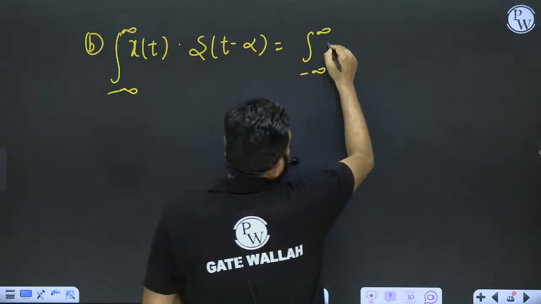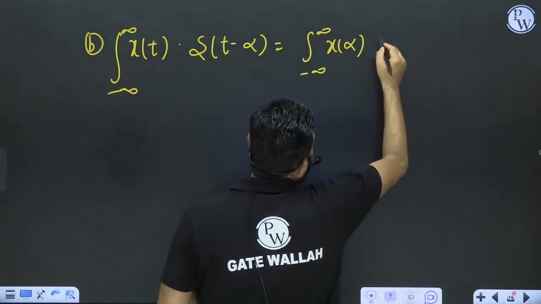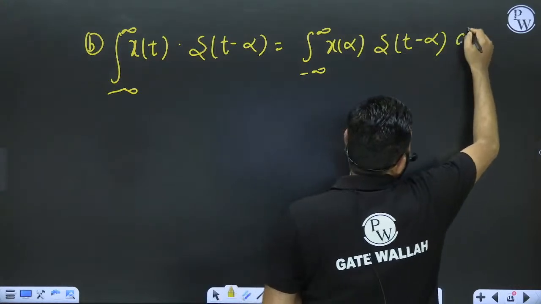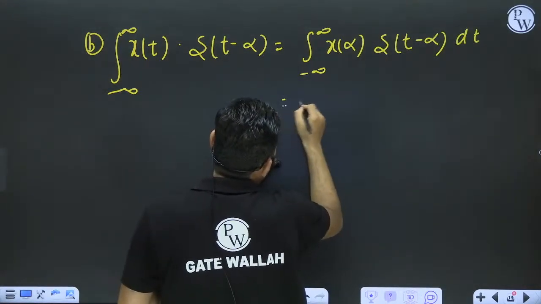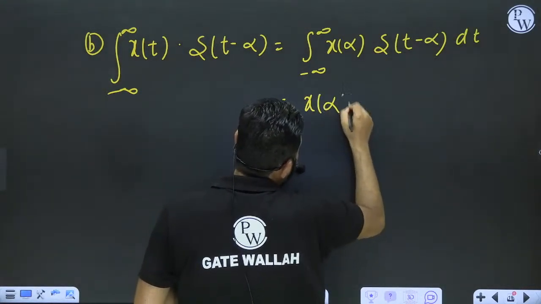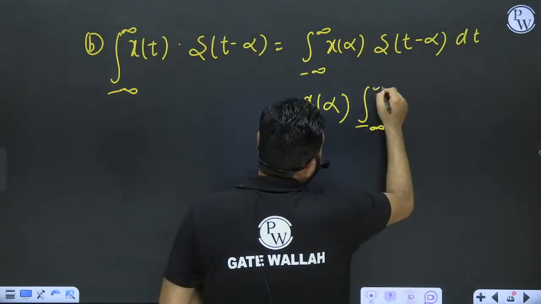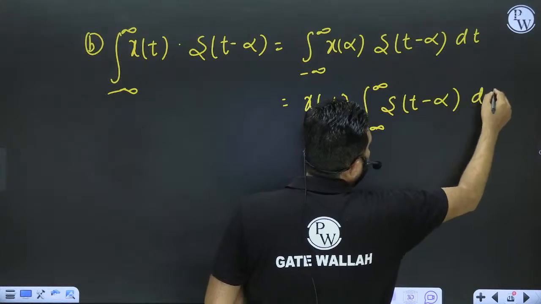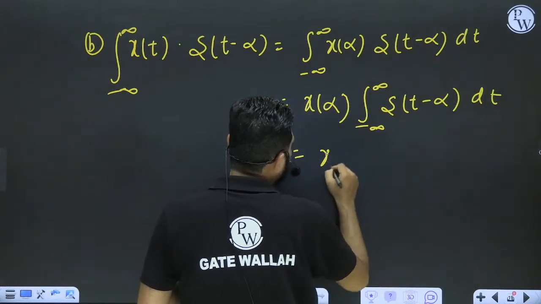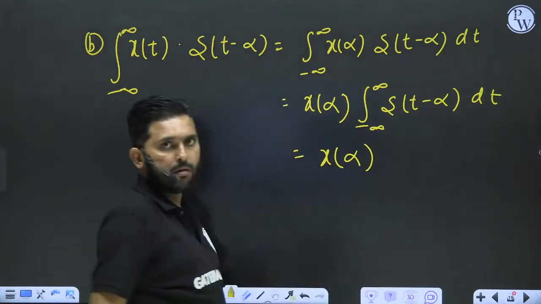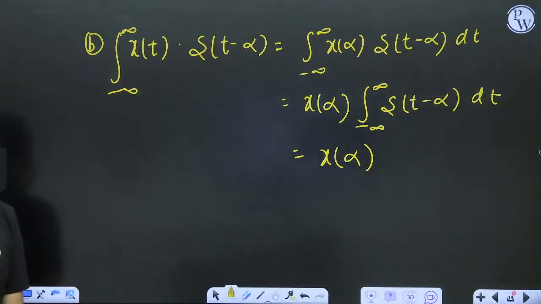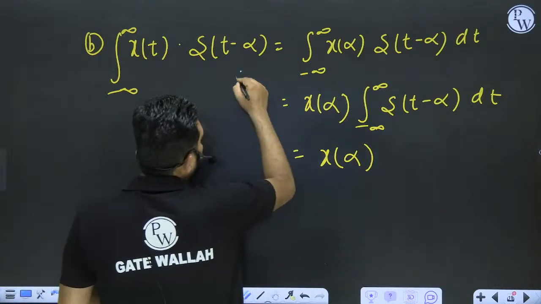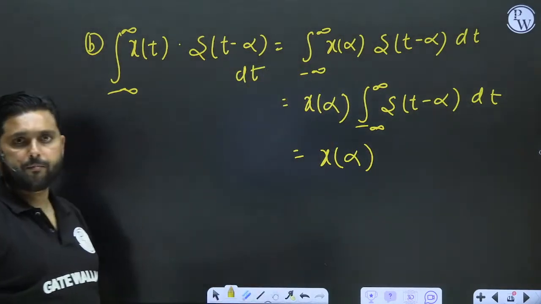It becomes, from the product property, x of alpha delta t minus alpha dt, and x of alpha is outside, so it is x of alpha times the integral from minus infinity to infinity of delta t minus alpha dt, and this comes out to be x of alpha.